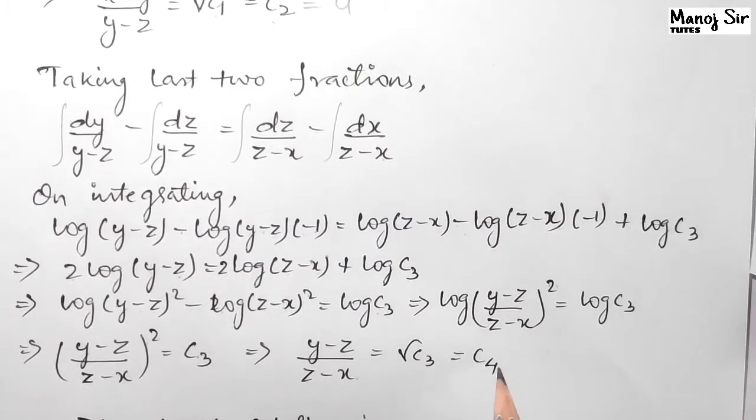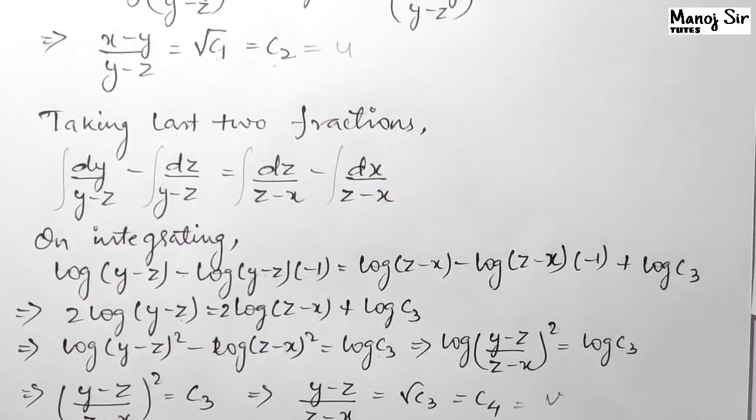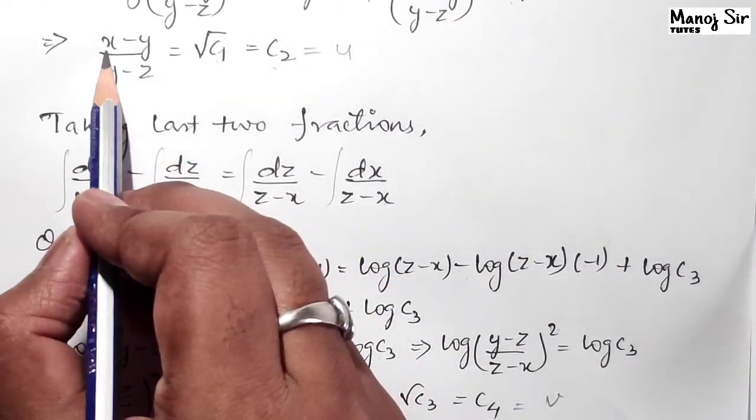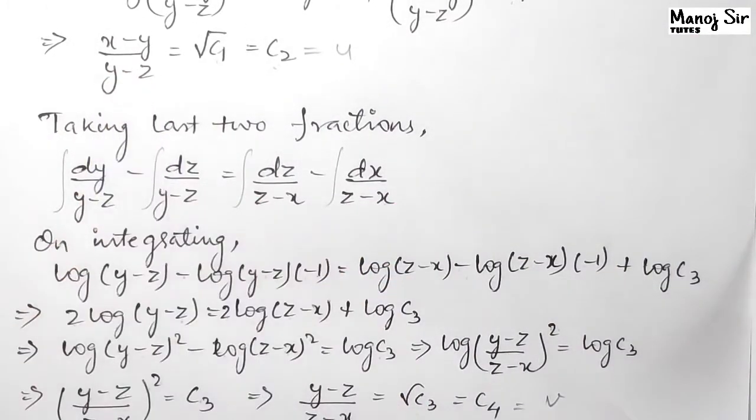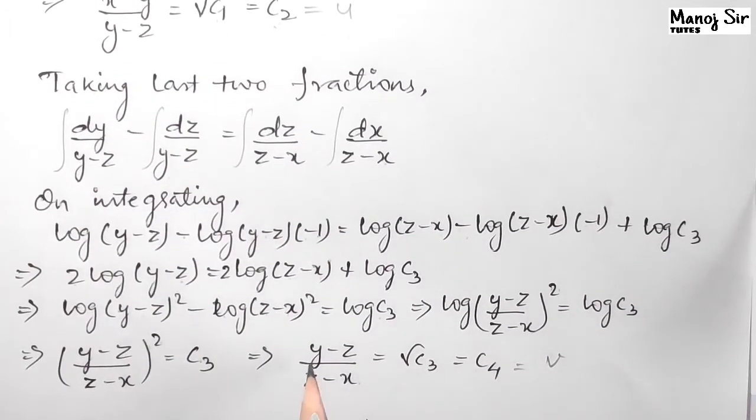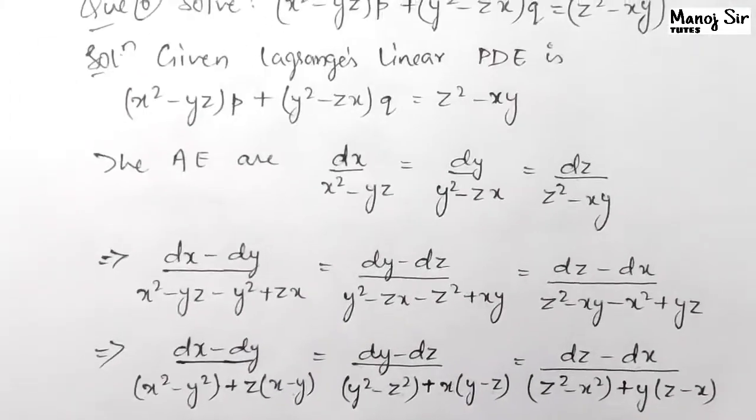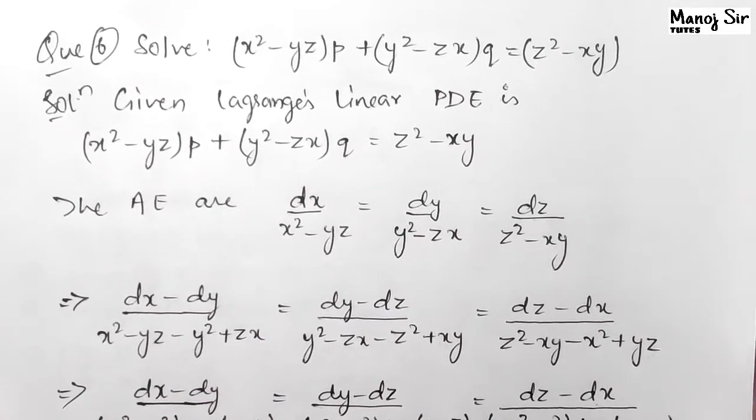Okay, and this is what? This is small v. So you can see we already have the value of u, that is x minus y upon y minus z, and we have v, that is y minus z upon z minus x. So we can find the solution for this Lagrange's linear partial differential equation.